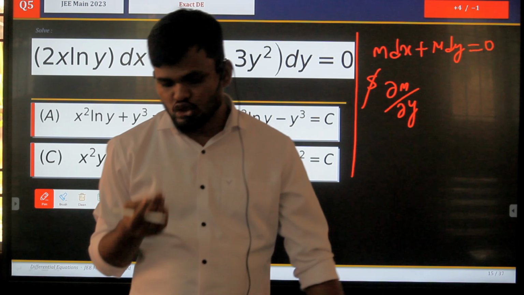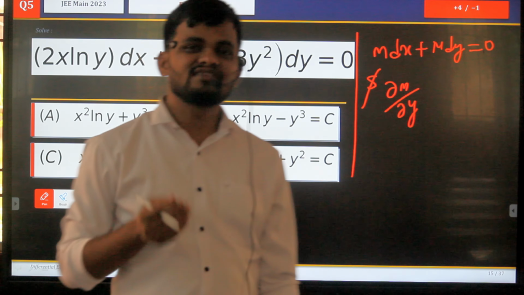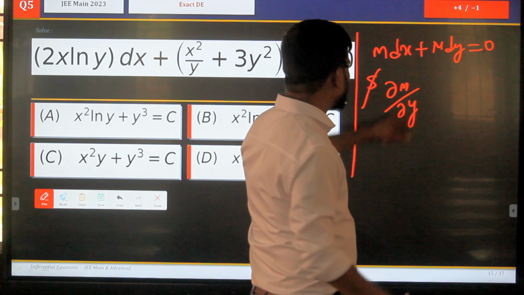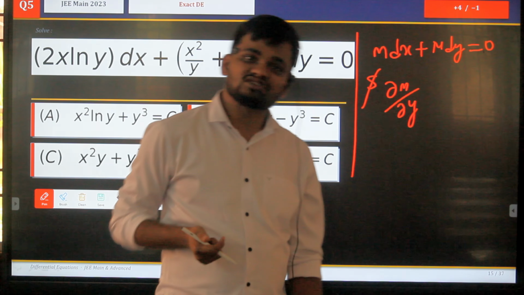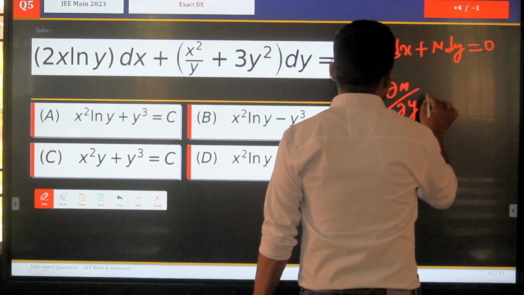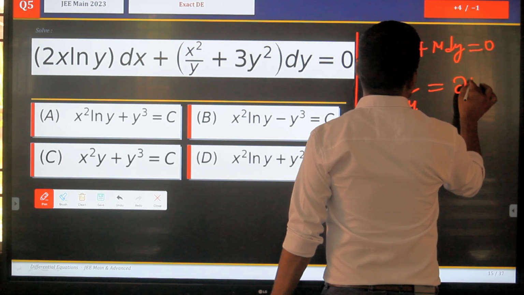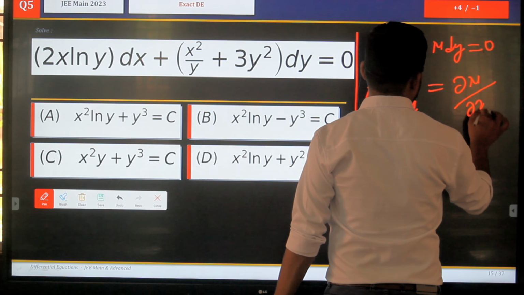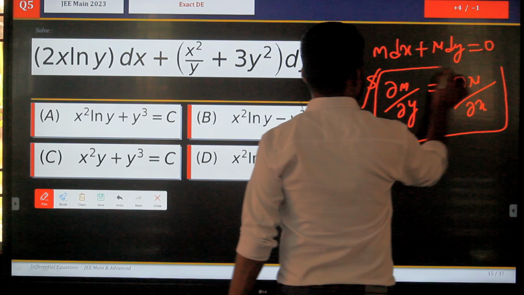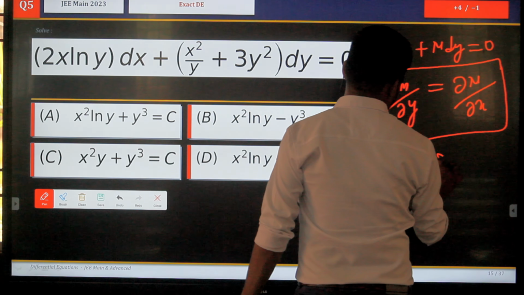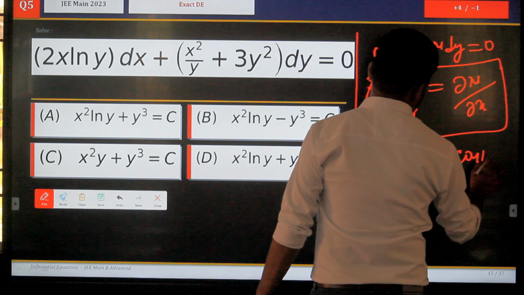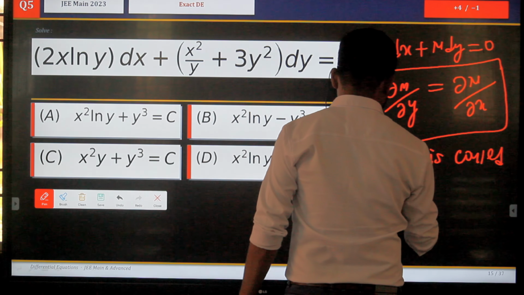This is called dou or del, that means partial derivative. If you are differentiating M with respect to y, that means I have to treat x as a constant. So if dou M by dou y is equal to dou N by dou x, if this is satisfied, then the differential equation is called exact.